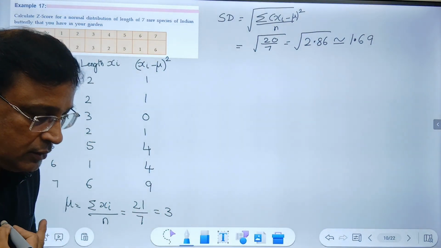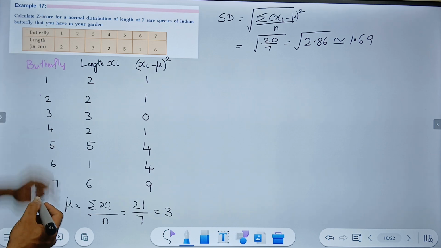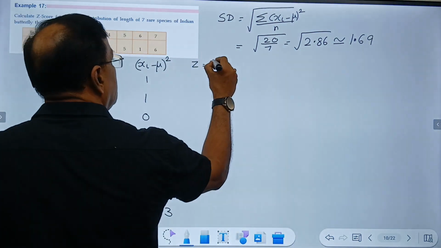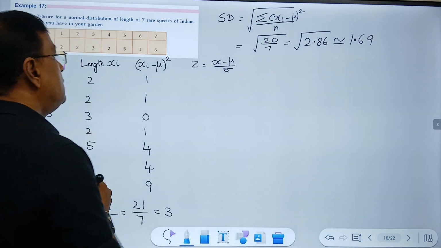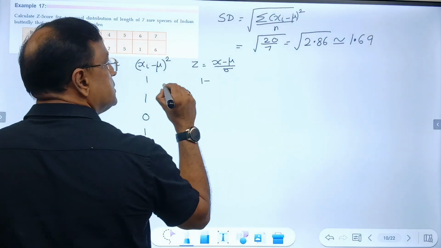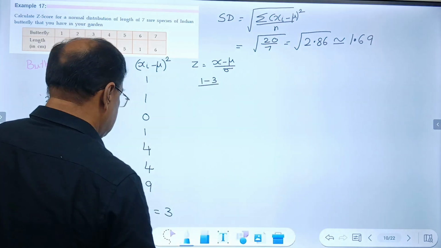Is that clear? Now, I need to find what I want to find. I want to find the z-score. Now, how do I find the z-score? You know, z is nothing but x minus mu by sigma, correct? So, what is z? X minus mu is what? Mu is 3 divided by sigma.